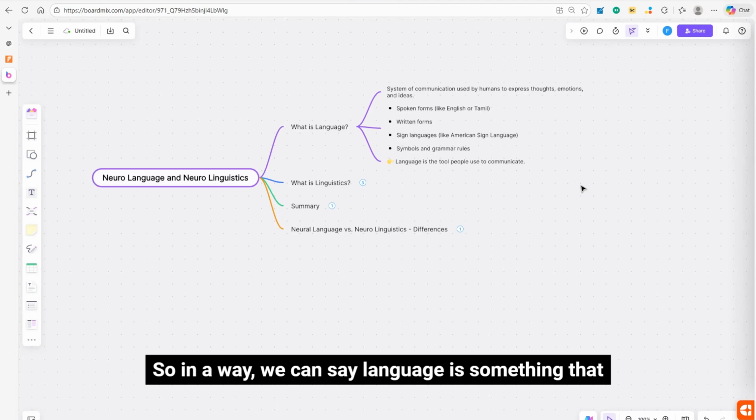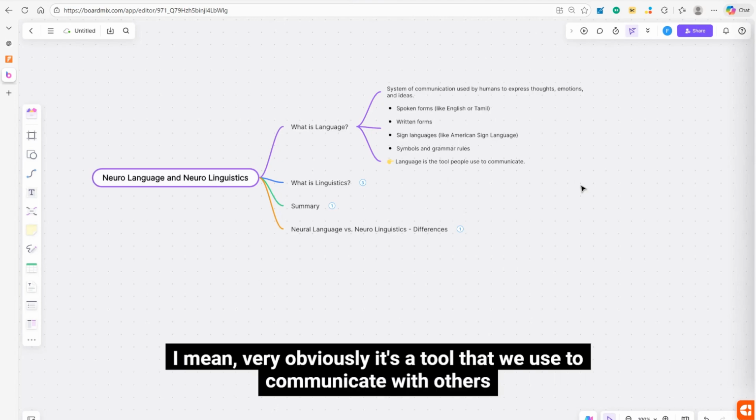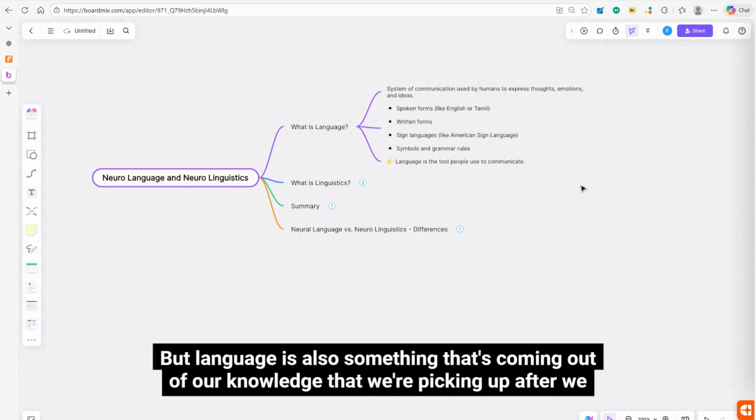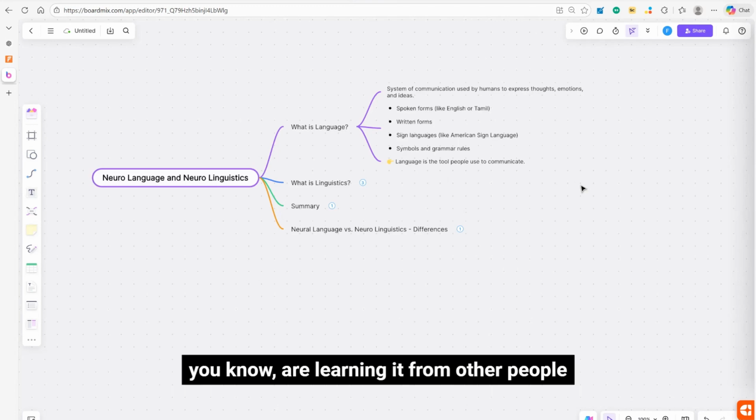So, in a way, we can say language is, very obviously, a tool that we use to communicate with others, but language is also something that comes out of our knowledge that we pick up after learning it from other people. Okay, so it also comes in spoken form and written form.